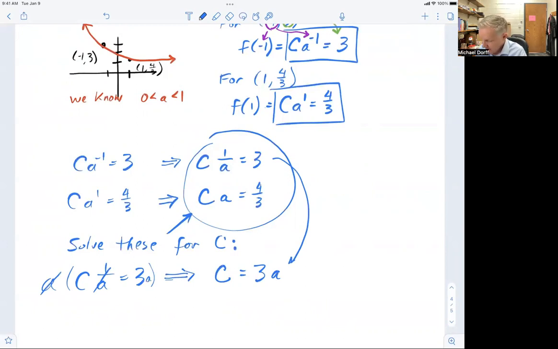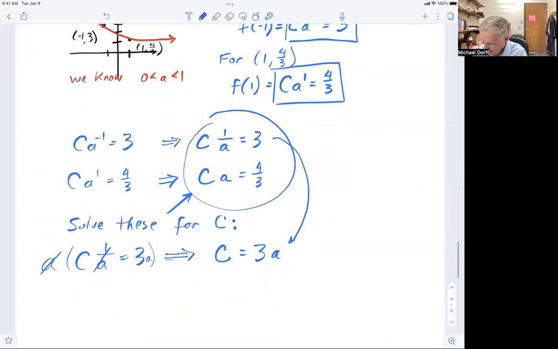On the other hand, if I solve the second equation for C, I have C times A equals 4/3. I'm going to divide both sides by A. When I do that, I get C on the left side, and now I have (4/3) over A. I can write that as 4/3 divided by A over 1, which is the same thing as multiplying by the reciprocal.